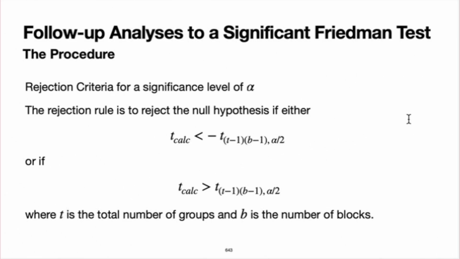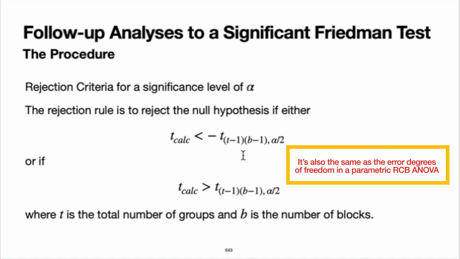Now the rejection criteria for the test: we're going to reject the null hypothesis if t-calc is either really small or really big. In order to look up a value from the t-table, we have to know how many degrees of freedom we're dealing with. For this pairwise comparison, the number of degrees of freedom is equal to (T minus 1) times (B minus 1). Now remember, that was the denominator degrees of freedom in the F-test for the overall Friedman test.